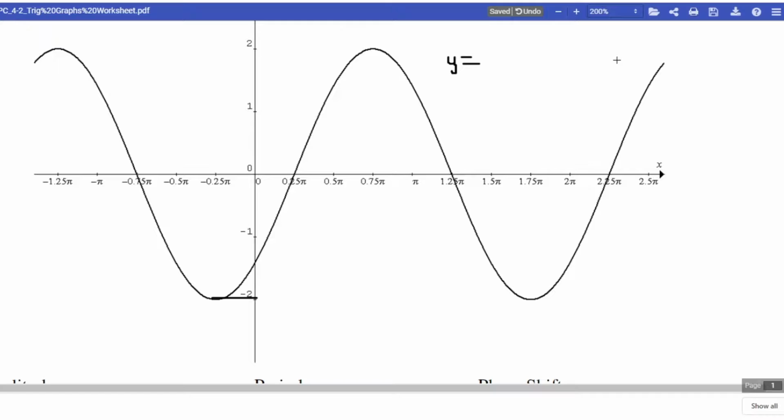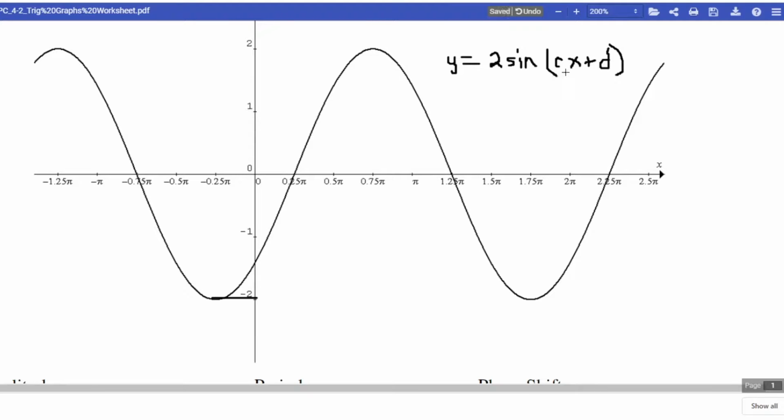We're not going to need a b. We can see the amplitude is 2. The highest point is 2 away from the midline. The lowest point is 2 away from the midline, so we can write that as 2. We're going to write sine here, cx plus d.